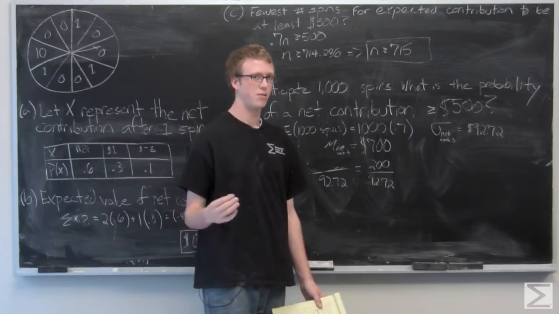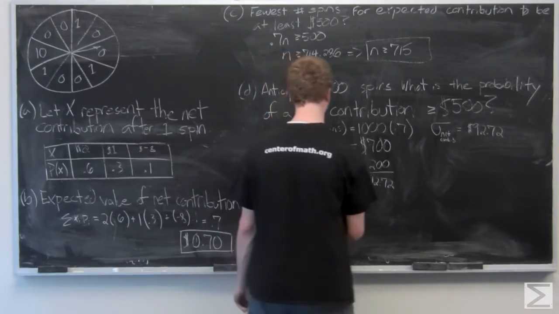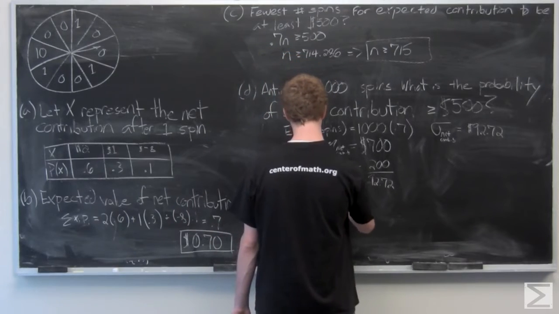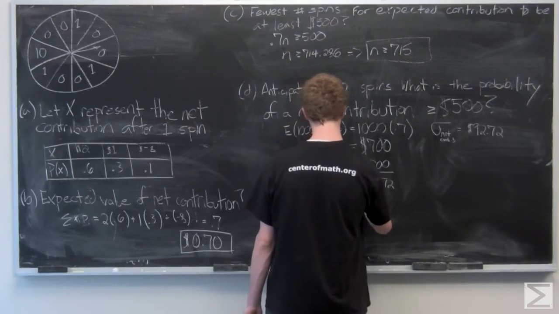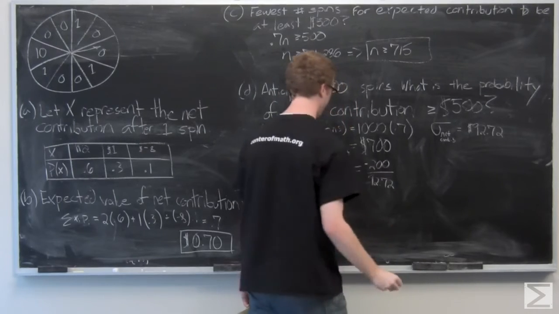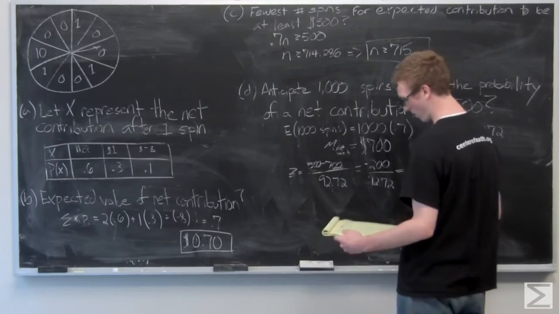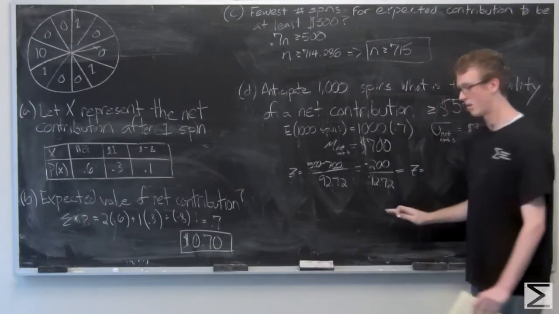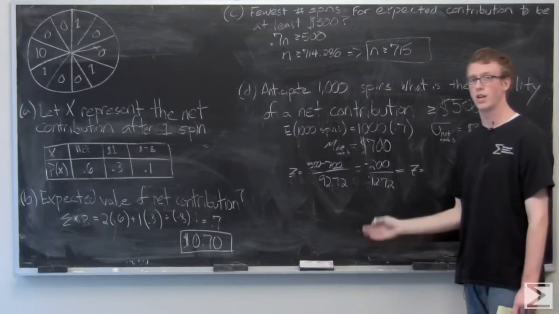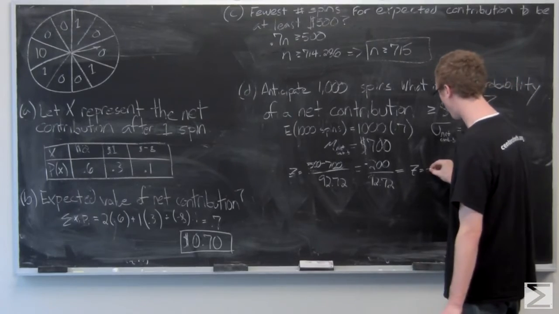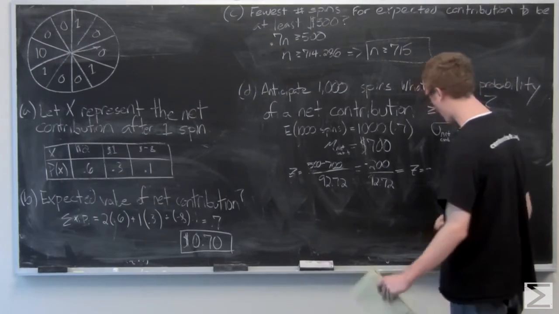But this is going to be a direct way to figure out what we have going on. So we have z equals negative 200 over 92.72, or negative 2.155.